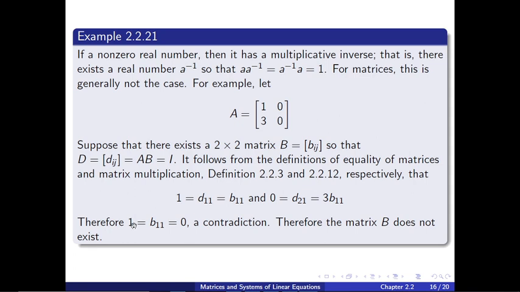But we know that 1 is not equal to 0, so we get a contradiction. So if the inverse existed, then it would lead us to a contradiction. So therefore this matrix B does not exist. This inverse that we thought would exist does not exist.